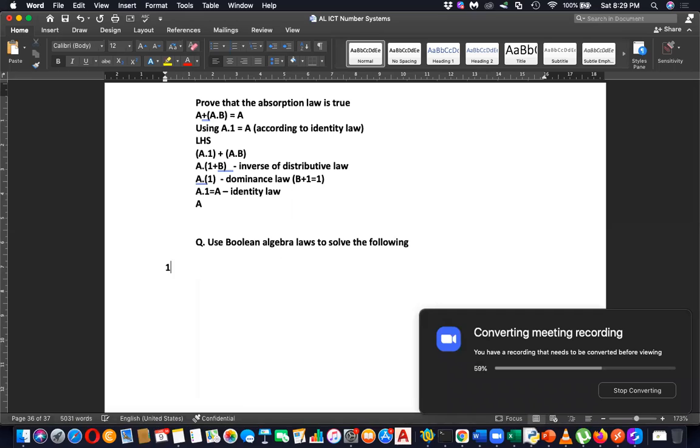The first one, A and B or A and B not. The second one, A and A not or B. Third one, ABC and ABC and ABC and ABC.